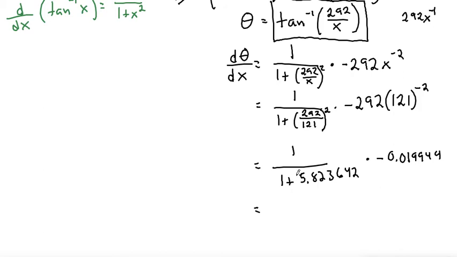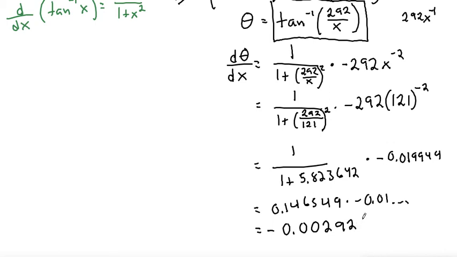So then continuing to simplify, we get 1 divided by 1 plus the 5.82 number, which when I do that part, I get 0.146549, and then multiplying it by this number again, the negative 0.019944, I get negative 0.002923.